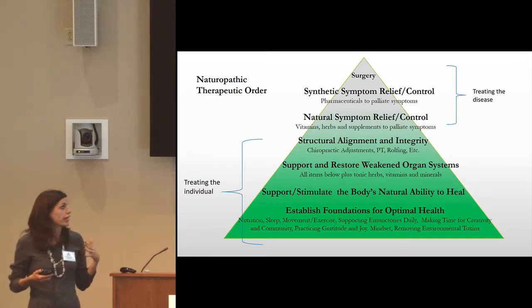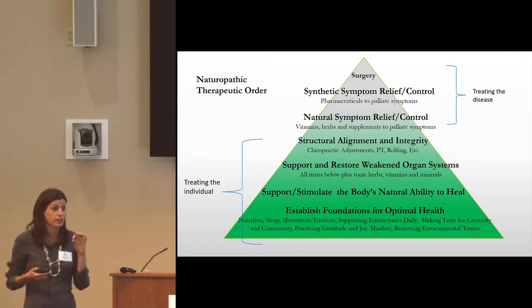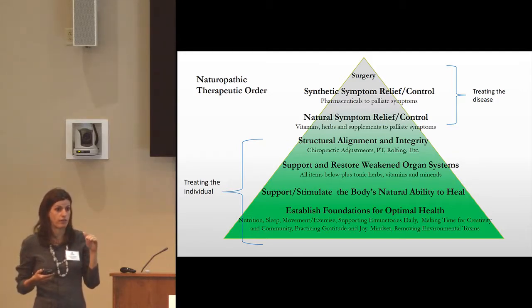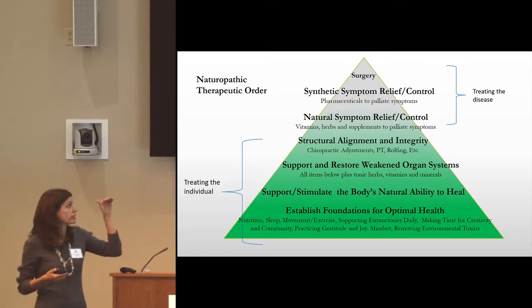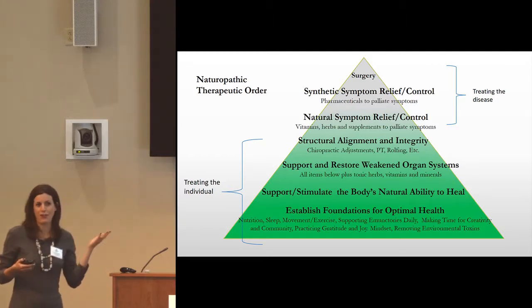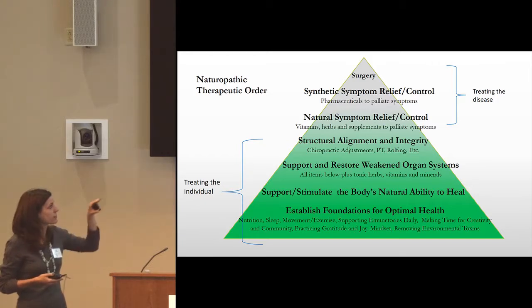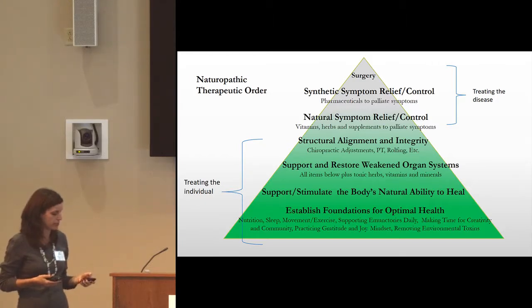Her antibodies for Hashimoto's went down to at least a fifth of what they were in the beginning. So simply by treating those bottom levels, we were able to treat multiple diseases and symptoms in her body. Does that make sense? Okay, I'm going to assume that it does. So my focus is really in these bottom areas with people.